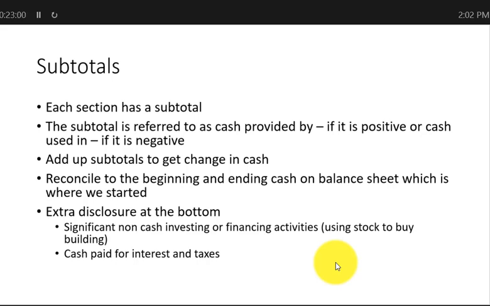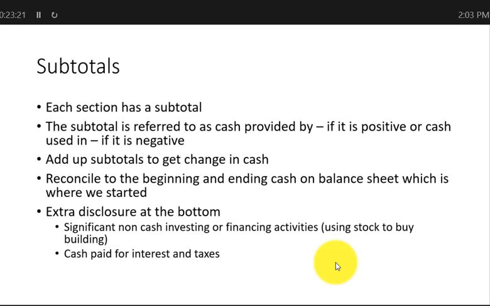So now we've talked about all the pieces. This is kind of how we pull this all together. Each section of our cash flow has a subtotal. You've got to label that total. Subtotal is referred to as cash provided by, if it is positive, or cash used in, if it is negative.